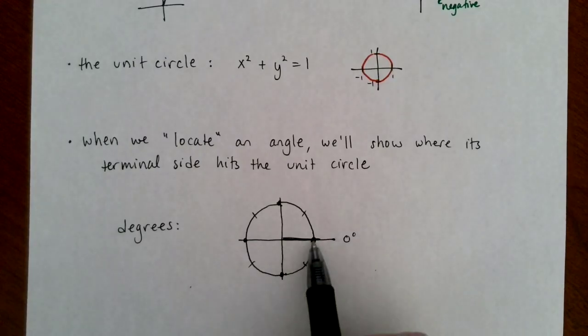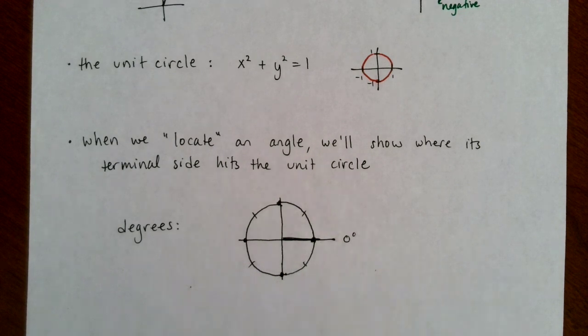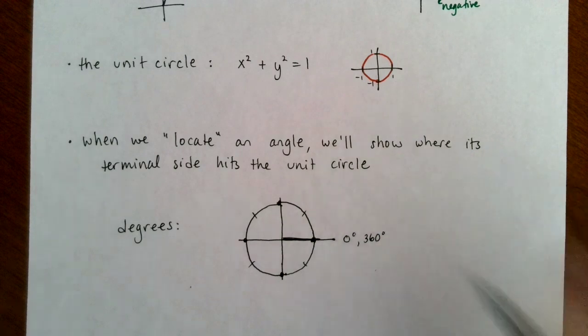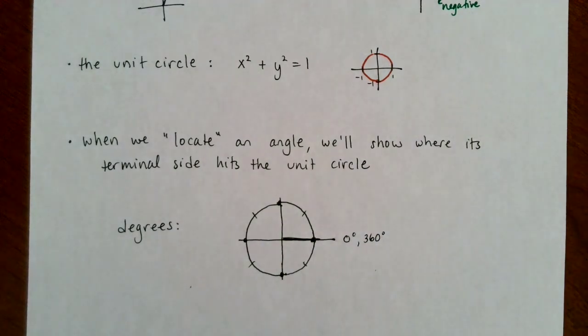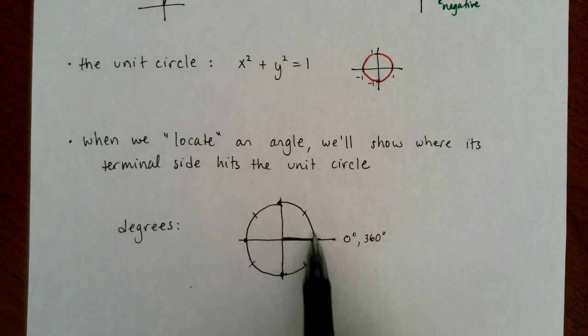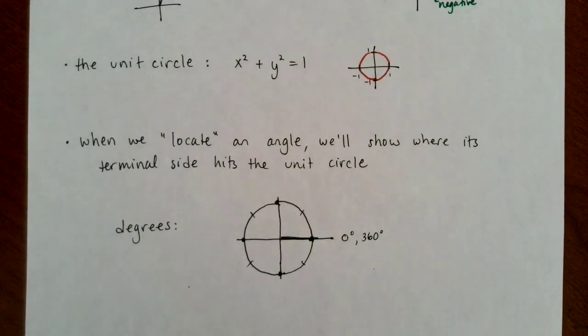And then, of course, one full rotation all the way around the circle is going to be 360 degrees. So I'm going to label this two different ways, 0 and 360. So 360 has the same terminal side, even though it's a full loop around instead of not moving at all. Same terminal side.